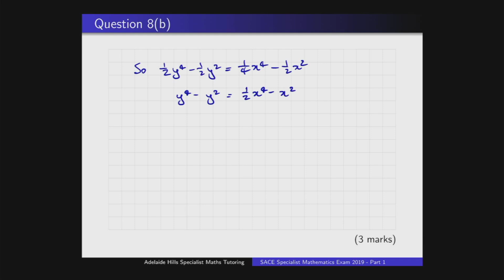And if we want to, we can collect some terms together. We take a y squared out as a common factor, and we can take an x squared out as a common factor. And that's basically as much as we can do in terms of coming up with a way to write the solution.